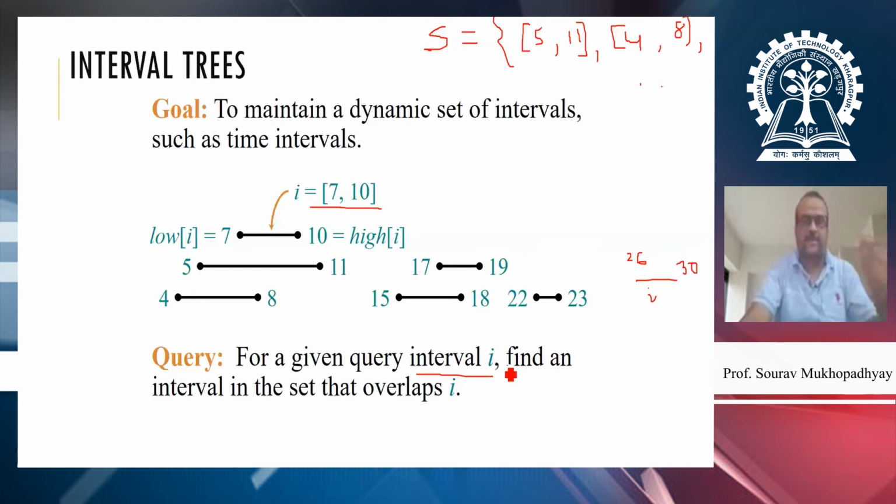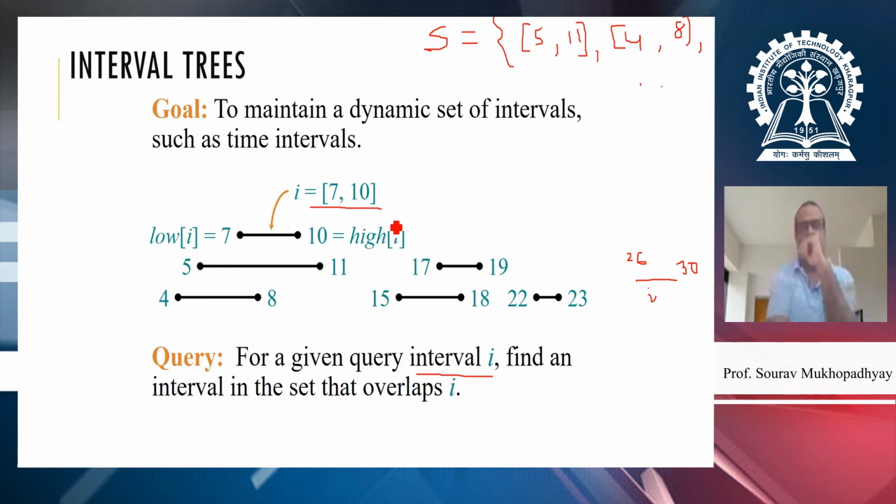Now we are given a query interval, say 7 comma 10, and we need to find an interval which is overlapping with this. We are happy with only one interval, even if there could be many. We'll see later how to report all the intervals. First, let us take the easier problem, whether there is an interval which overlaps with this.